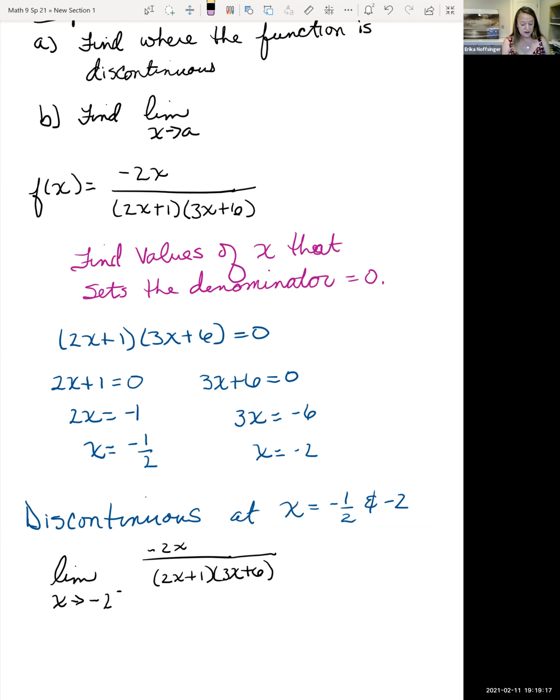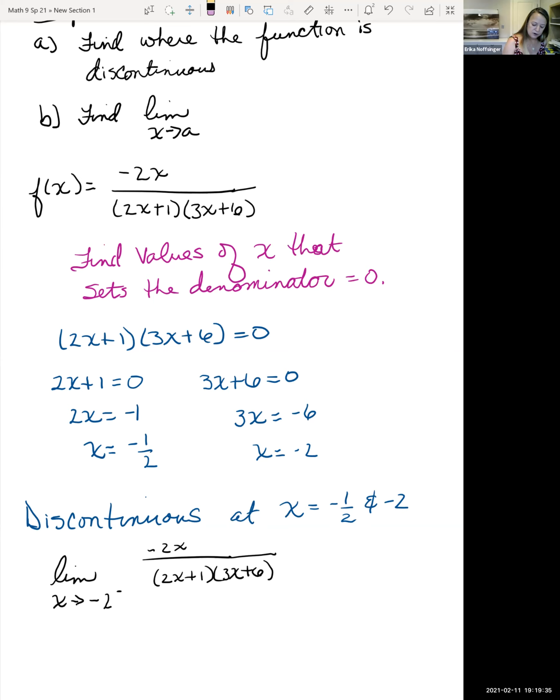So recall we have a vertical asymptote here, and so this graph is either going to be shooting upwards or downwards to positive or negative infinity. And we need to figure out which direction.